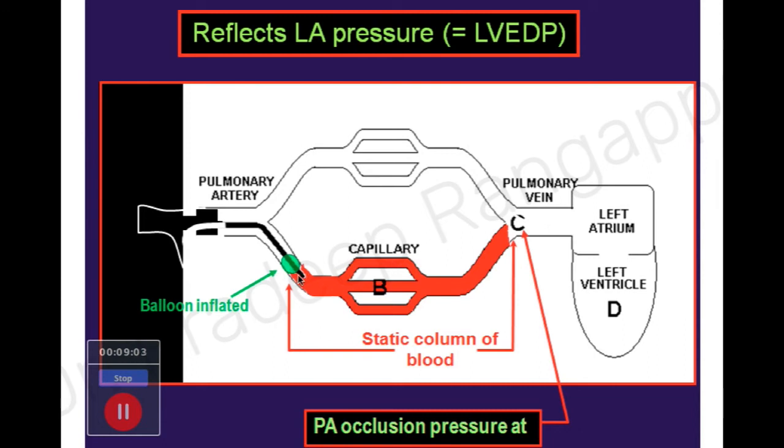Because your tip is sitting here and it is transducing, it reflects the pressure of the left atrium. That is what we call the pulmonary artery occlusive pressure, which is an indicator of left atrial pressure, and this is related to left ventricular end diastolic pressure, which is dependent on left ventricular end diastolic volume. So it gives you a volume assessment of the LV. That is the principle of the PA occlusive pressure.